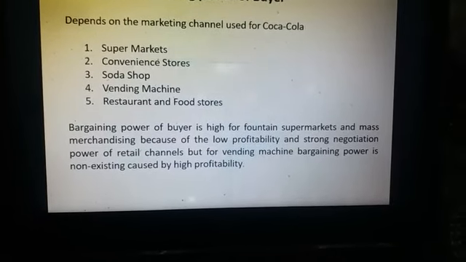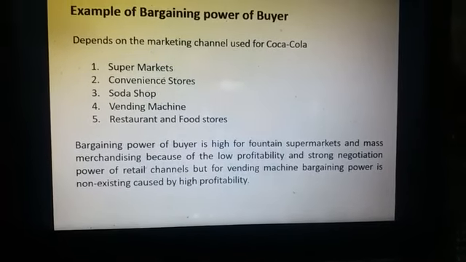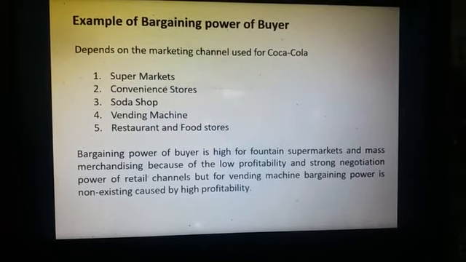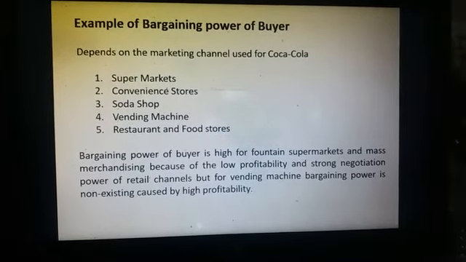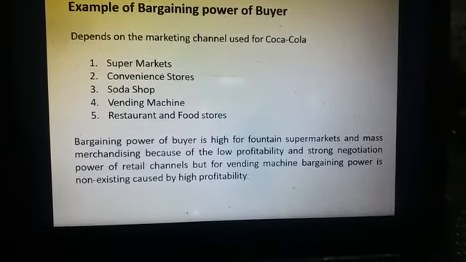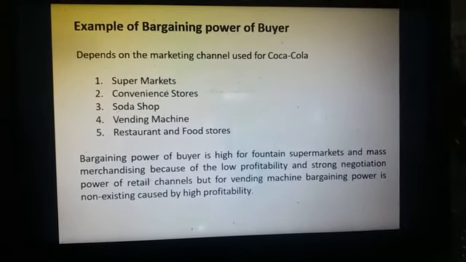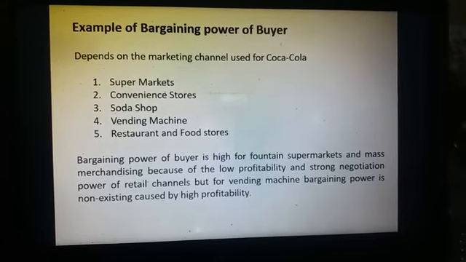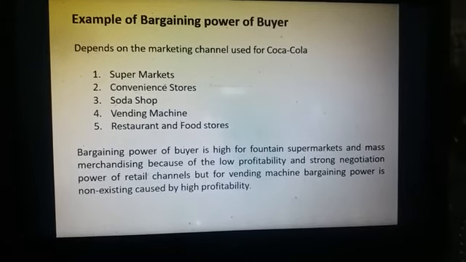So bargaining power of the buyer is high for fountain supermarkets and mass merchandising because of the low profitability and strong negotiation power of retail channels, but for vending machines bargaining power is non-existent caused by high profitability. This whole goes in bargaining power of buyer.